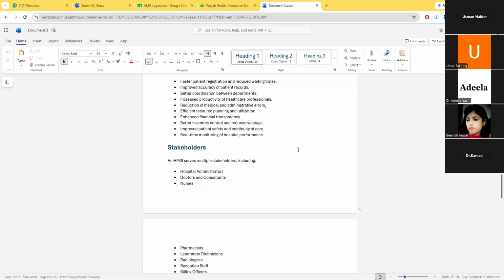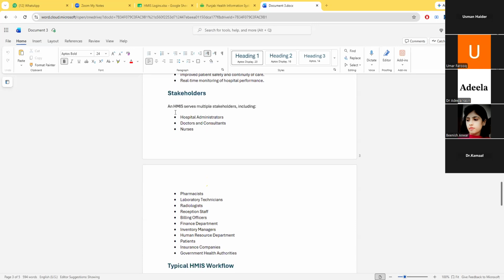So the higher authorities can take decisions on the basis of those reports on how we can improve that. Our main motive is to improve the service delivery to the patients.